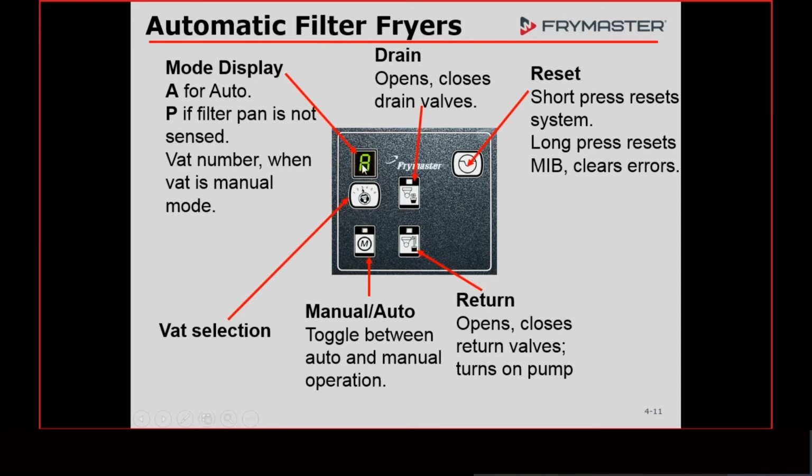If you put it in the manual mode, the first thing that'll come up there is a 1. If it's a split pot, it'll say 1L or 1R. If it's a full pot, it's going to say 1R, and then so on, 2L, 2R, 3L, 3R. If it's a full pot, it's always going to be operated from the right-hand side.